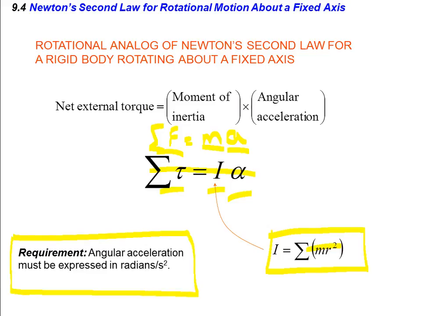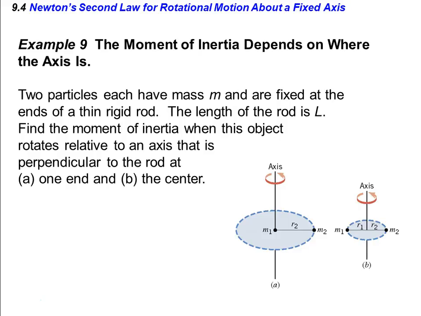That is very important. Let's look at an example, in that the moment of inertia depends upon where the axis is and how we rotate things. We have two particles, each of mass m, fixed at the ends of a thin, rigid rod. We're not going to worry about the mass of the rod for right now. The length of the rod, however, is L, and we want to find the moment of inertia when the object rotates relative to an axis that is perpendicular to the rod at one end and at the center.